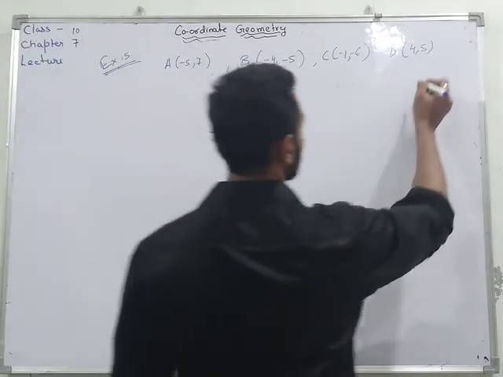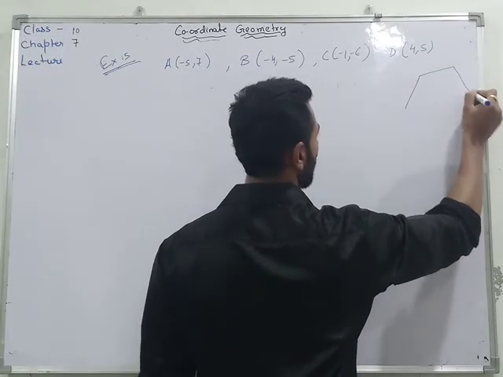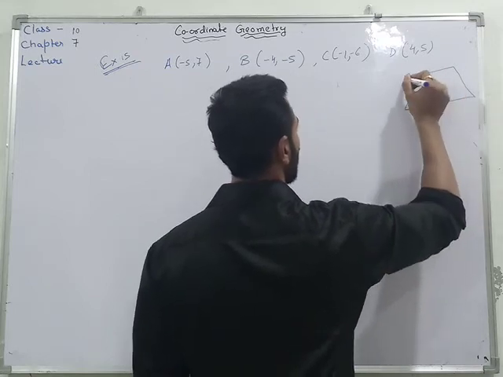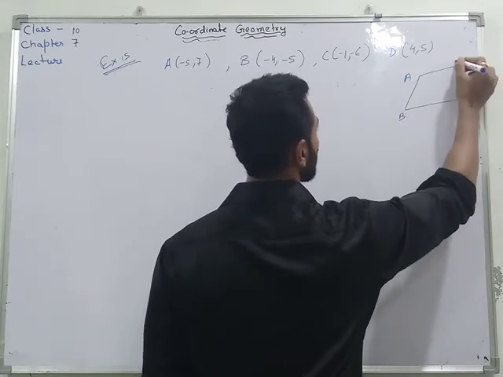Let us suppose the quadrilateral is like this: A, B, C, D.